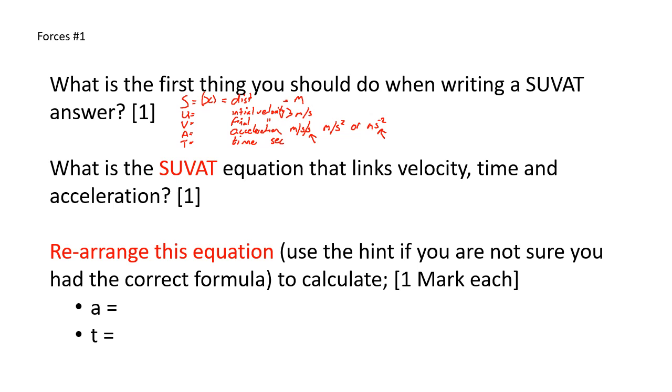Okay, so we have 3 SUVAT equations, and the one you were looking for, V equals U plus AT. This is the one you must know. Now, it is sometimes shown as V minus U over T, okay, on the equation sheet at the back.